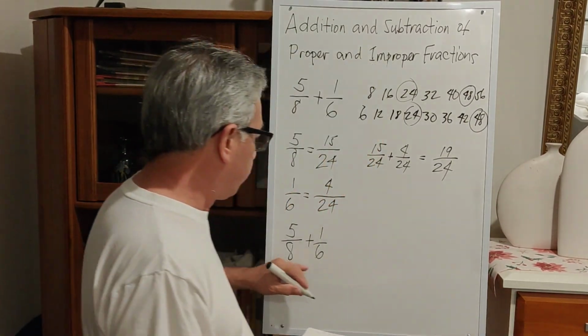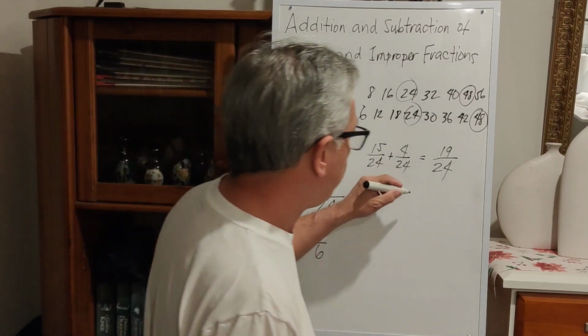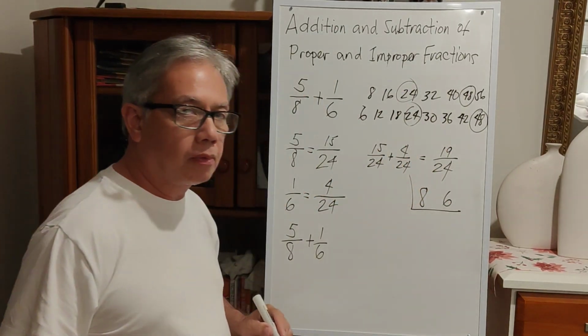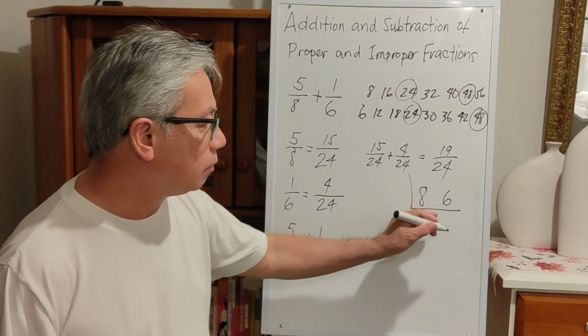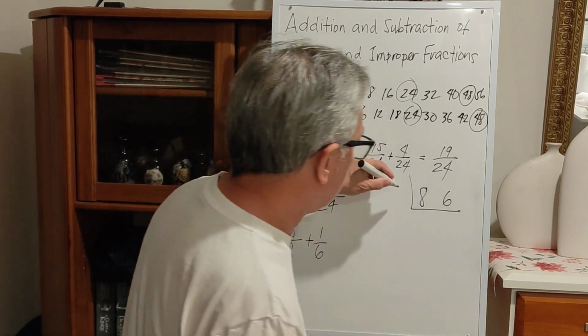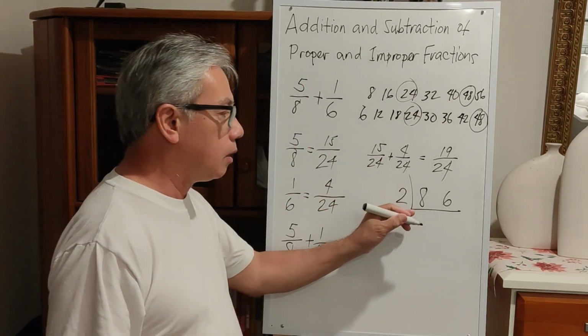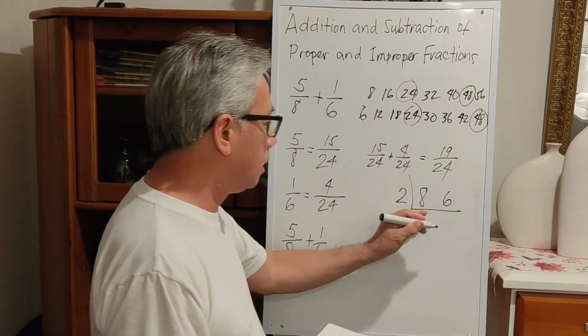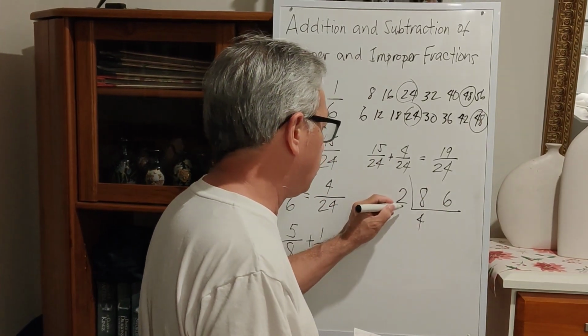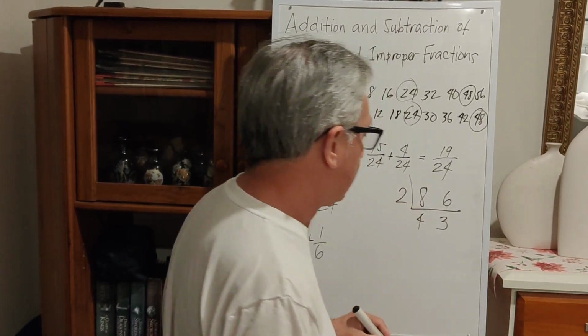So we first write the denominators 8 and 6, and then we think of a number that can divide both 6 and 8. The number 2 can divide 8 and 6. So 8 divided by 2 is 4. 6 divided by 2 is 3.